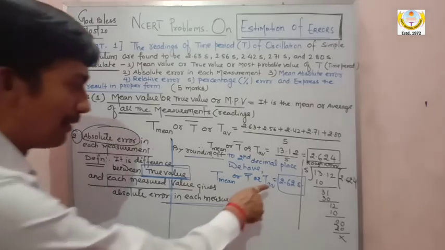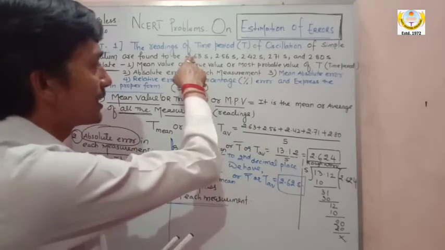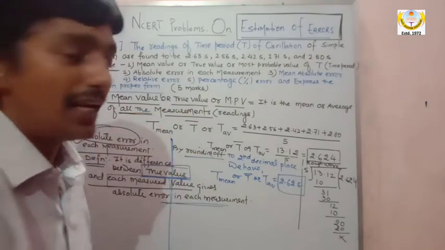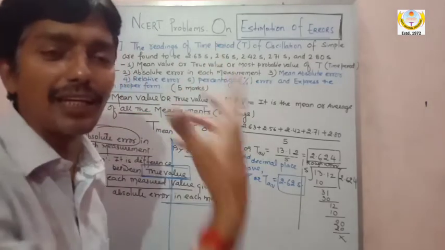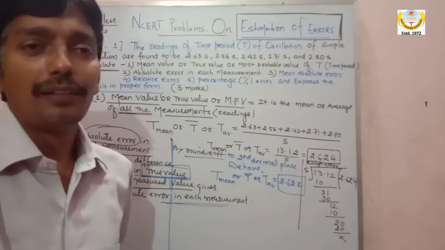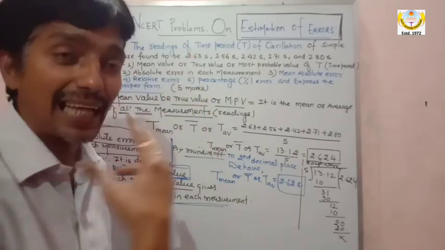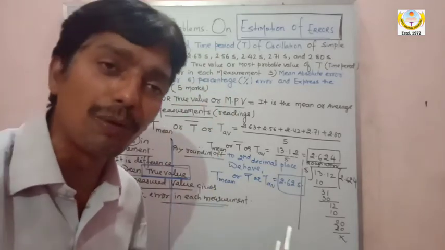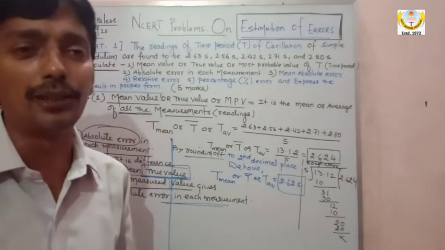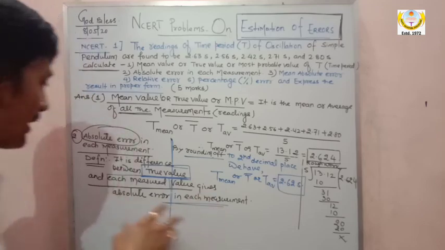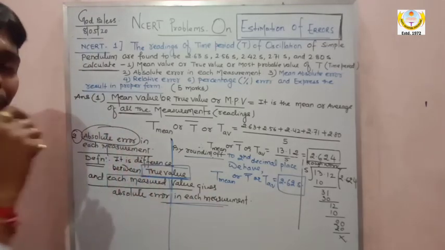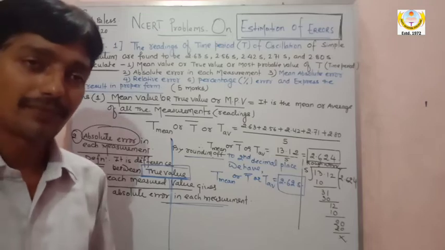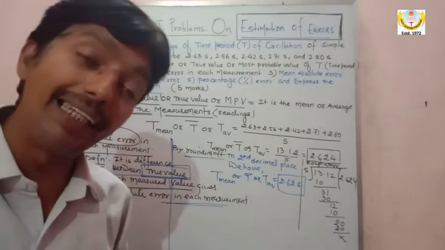If I subtract the first measured value from the true value, I will get the first absolute error. The second measured value from true value gives the second absolute error. The third measured value from true value gives the third absolute error. So the difference between true value and each measured value will give the absolute error in each measurement.